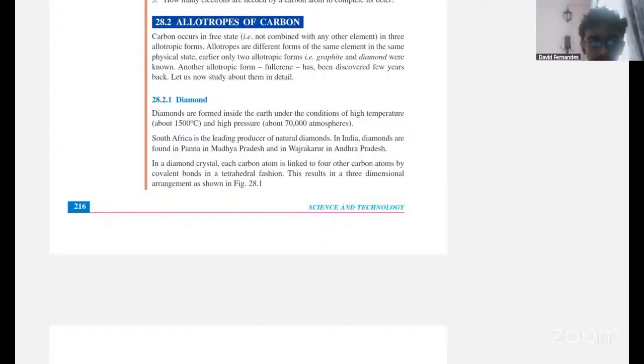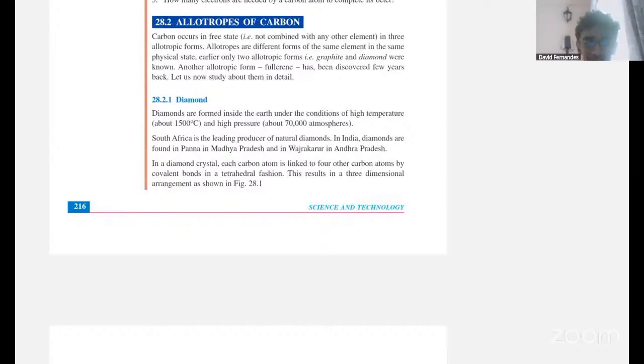Diamonds are formed inside the earth under conditions of high temperature, about 1500 degrees Celsius, and high pressure, about 70,000 atmospheres. South Africa is the leading producer of natural diamonds. In India, diamonds are found in Panna in Madhya Pradesh, and in Vajrakarur in Andhra Pradesh.